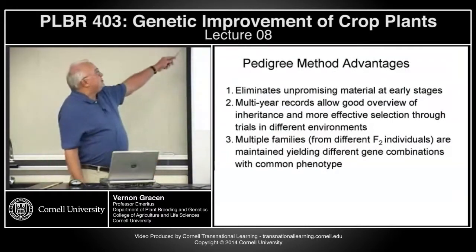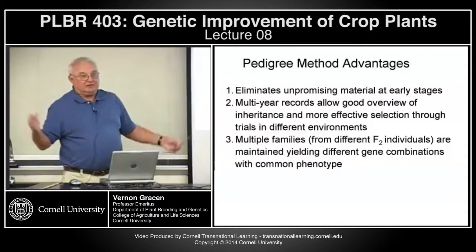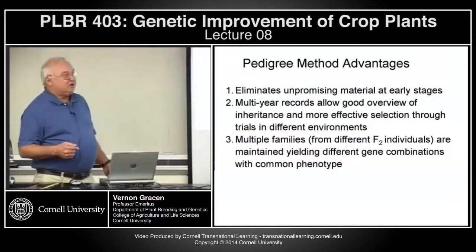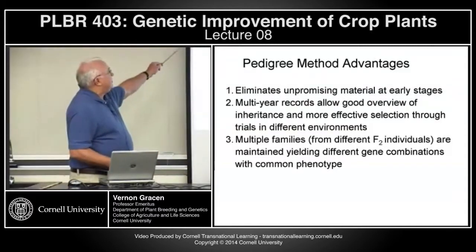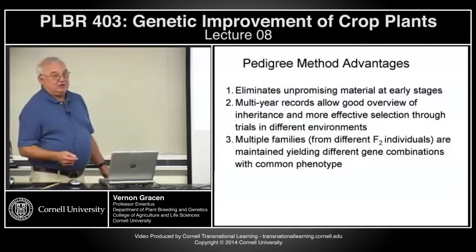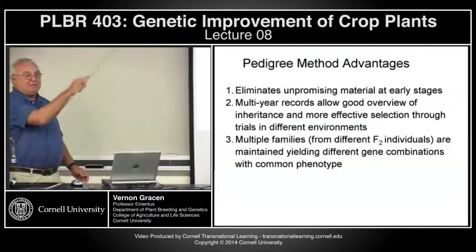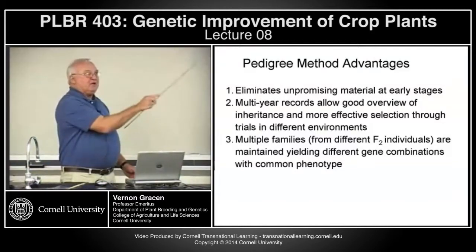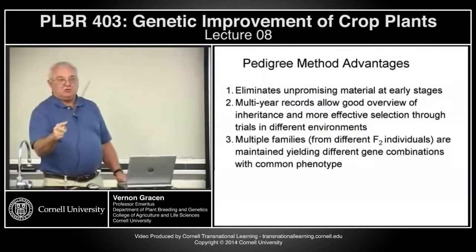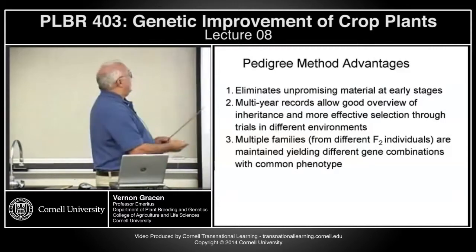So what are the advantages? It eliminates really disastrous, unpromising material at an early stage. You've got multi-year records, so you can follow not only the pedigree family background, but how those families performed each year, which was a different environment.